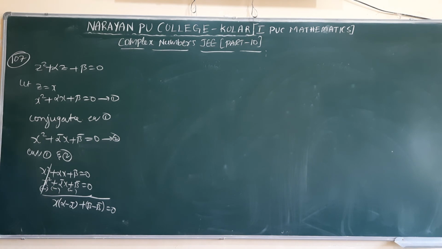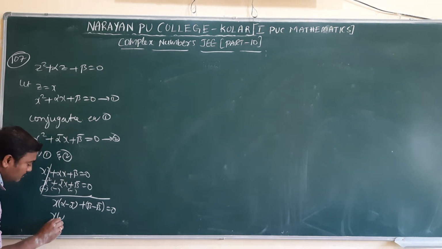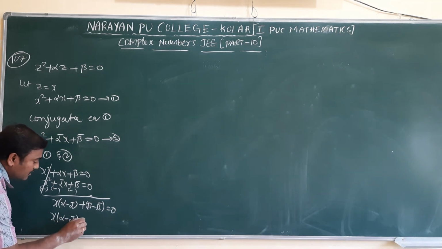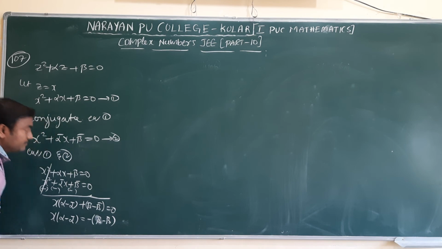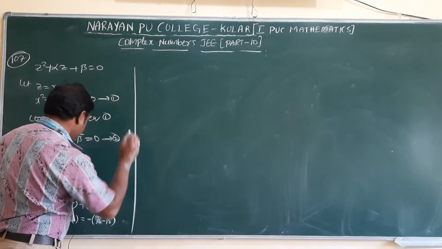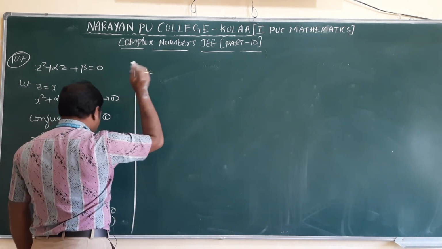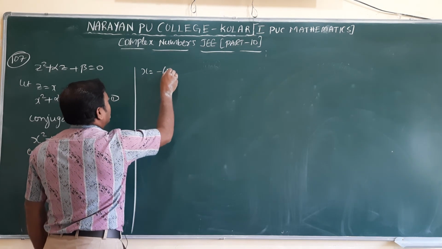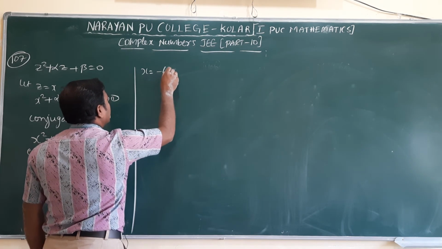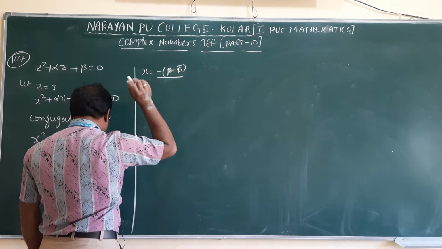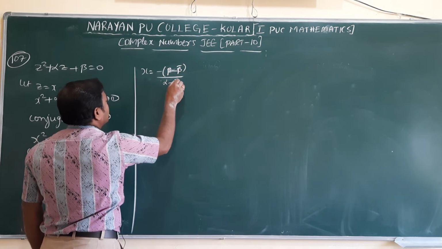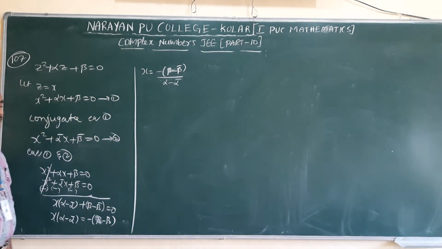So x into alpha minus alpha bar is equal to minus of beta minus beta bar. The value of x is minus of beta minus beta bar divided by alpha minus alpha bar.